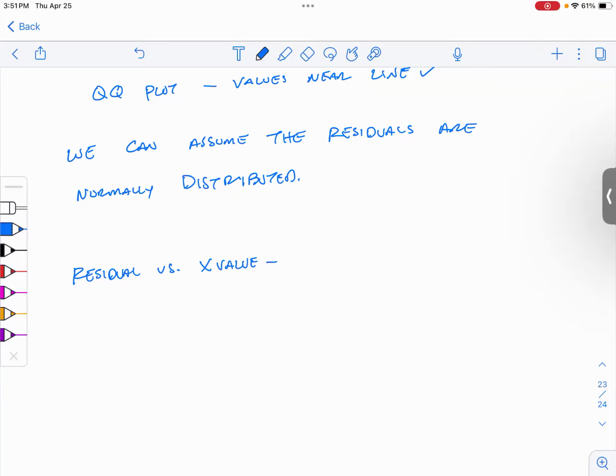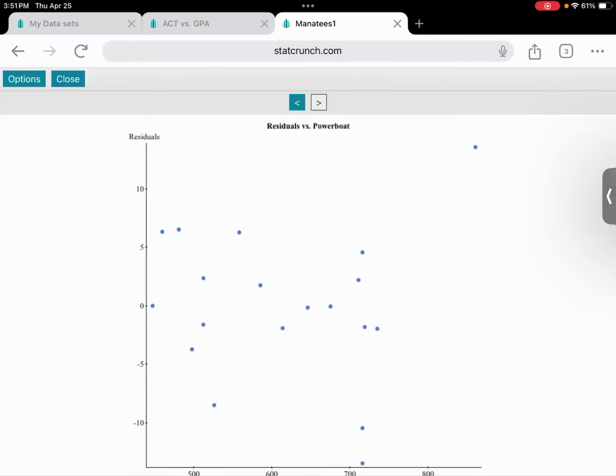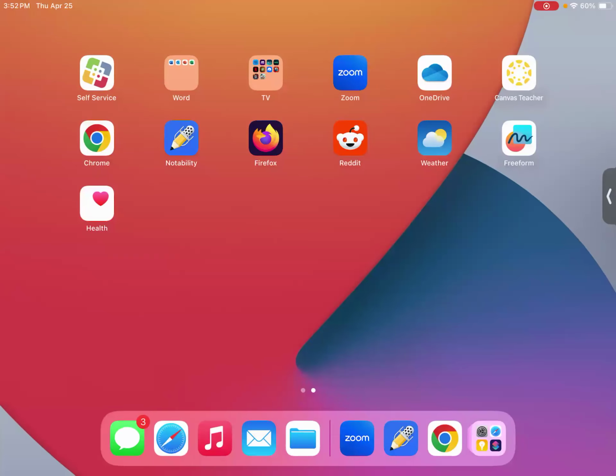Our new condition is the appropriateness of the linear model. In order to verify that one, we look at the residual versus X value, in this case, residual versus powerboat plot. Remember that looking from left to right, I want to see a flurry of points, no pattern. You see a pattern? No. And that's what we want. We want to just see kind of a scattering, like if you just kind of Jackson Pollock it.